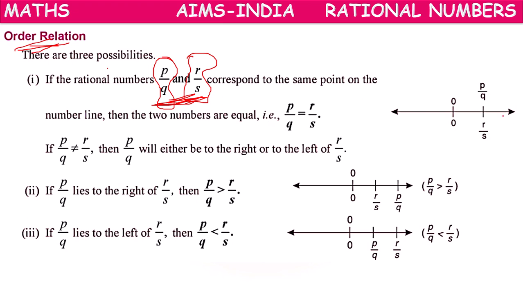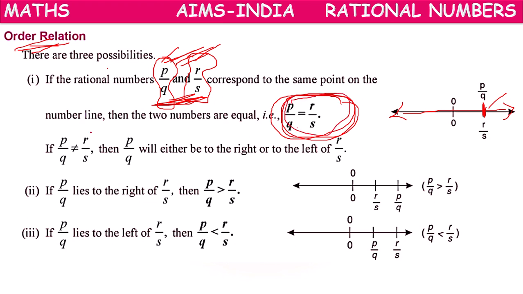If both are represented on the number line with the same point, both rational numbers are represented by the same point on the rational number line. So what does it mean? Both of them are equal. When they are represented with the same point, both are said to be equal.